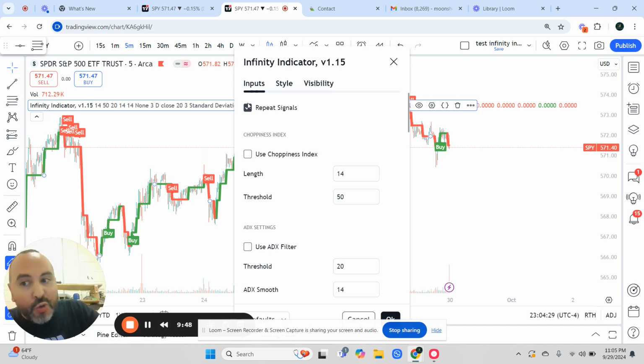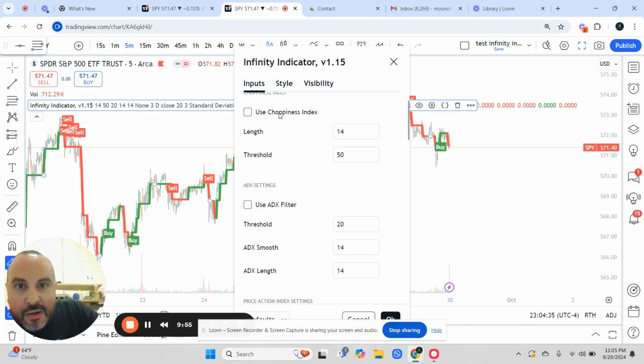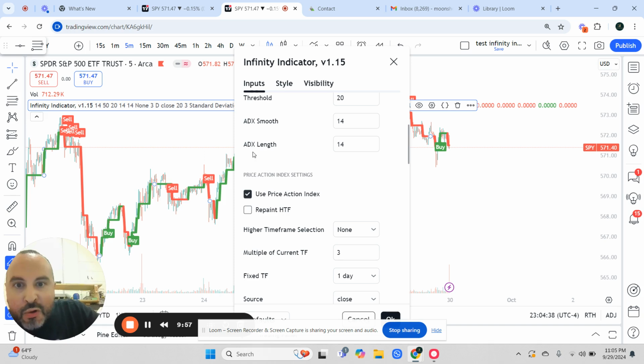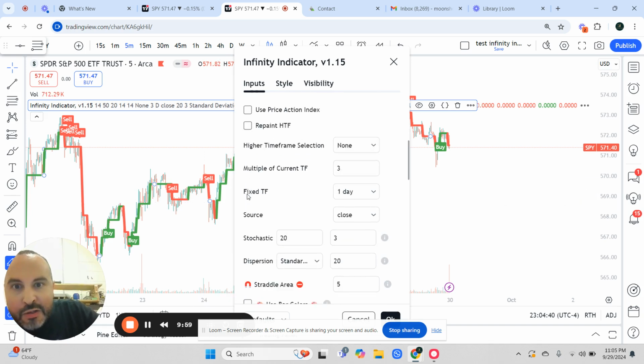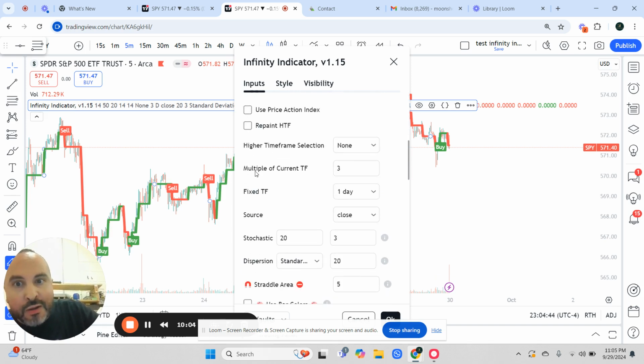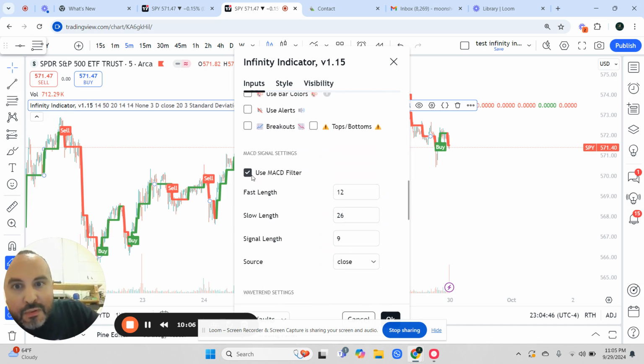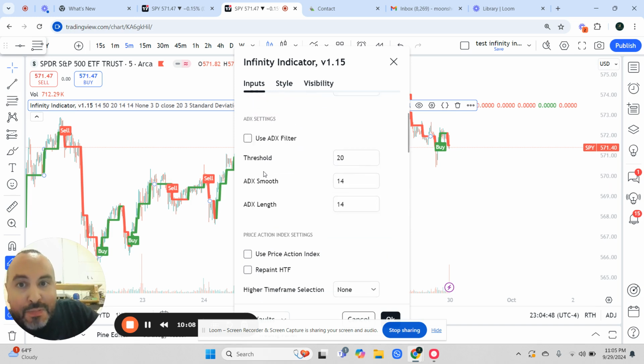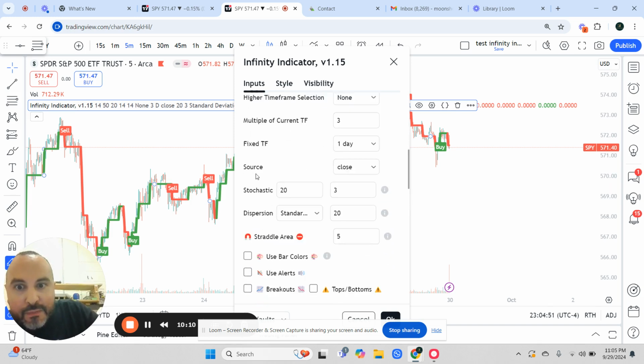I generally do keep them on. So you want repeat signals on. All these boxes I want off. I don't want you to have any of these boxes checked, except for repeat signals, if you want. MACD filter should be the next box checked.